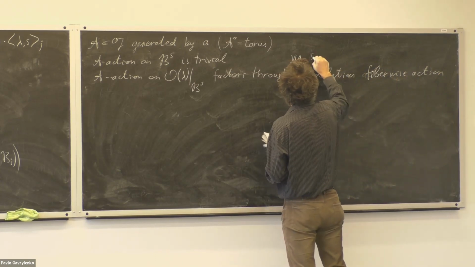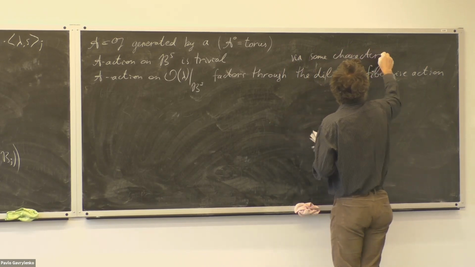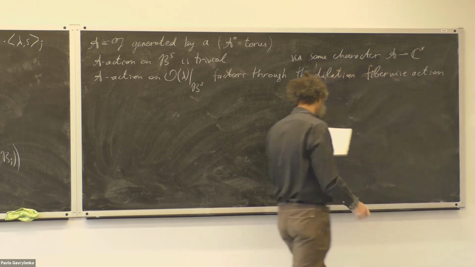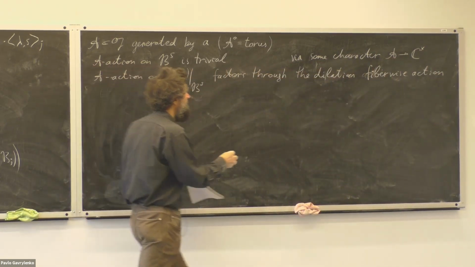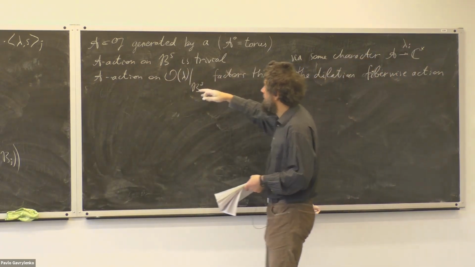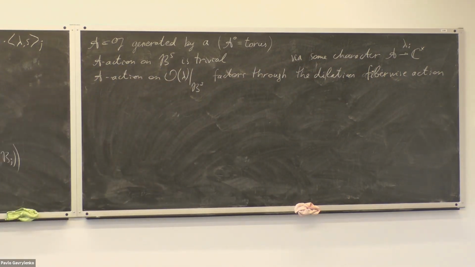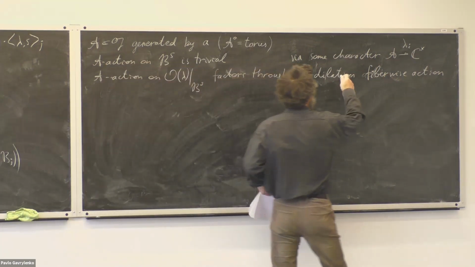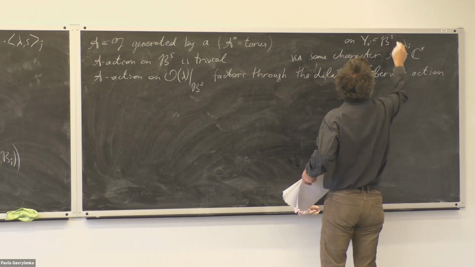Via some character from A to the multiplicative group, and we want to compute this character. Maybe let's call it lambda i, because it depends on this kind of component Y_i in Bs.